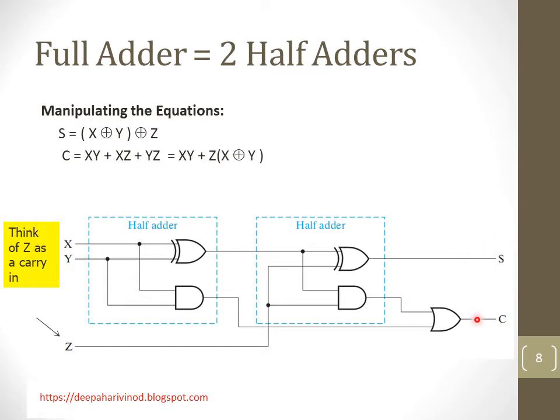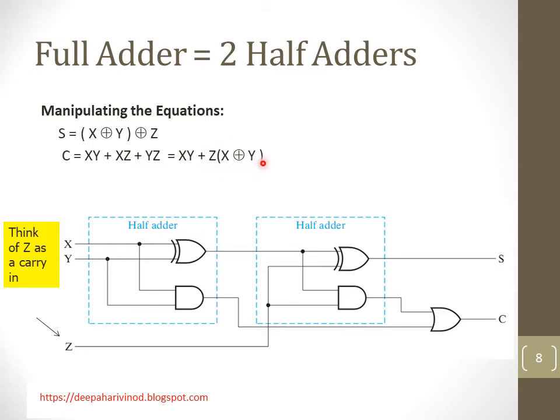Now to find the carry out, what should be done? xy is obtained here. Now what else do we need? That is z ANDed with x XOR y. X XOR y is obtained here, and it should be ANDed with z. So the z input is given to the AND gate as the other input.